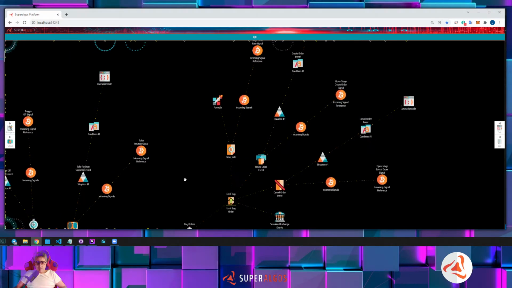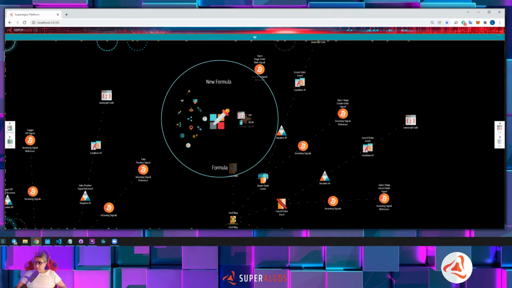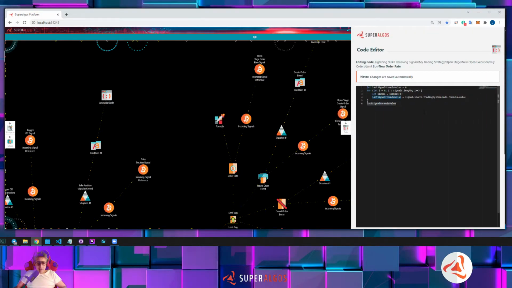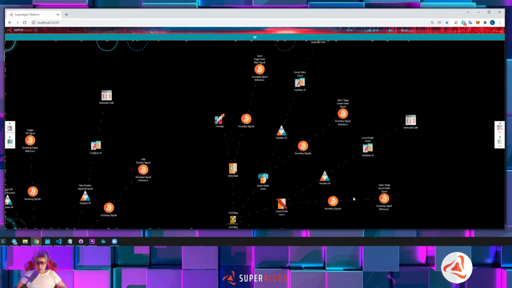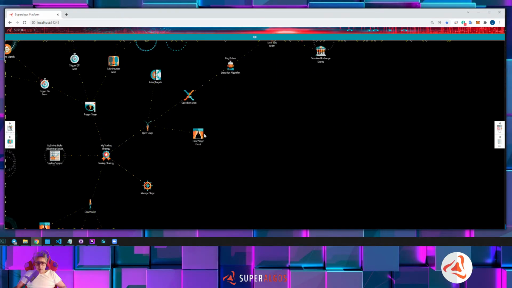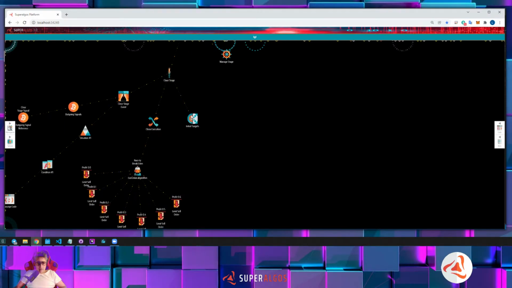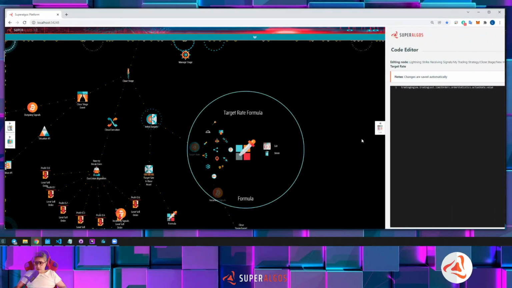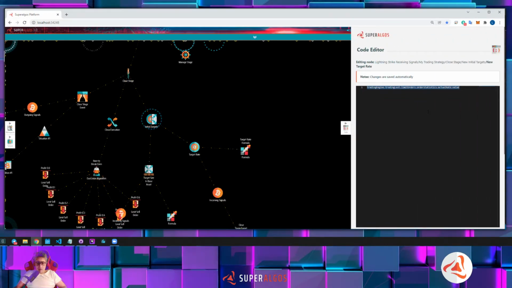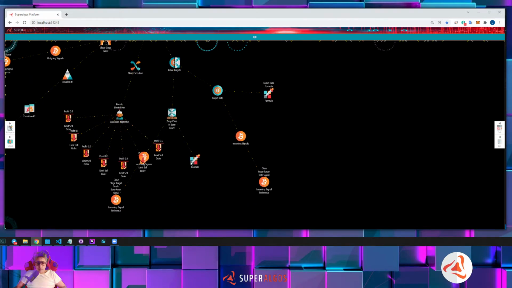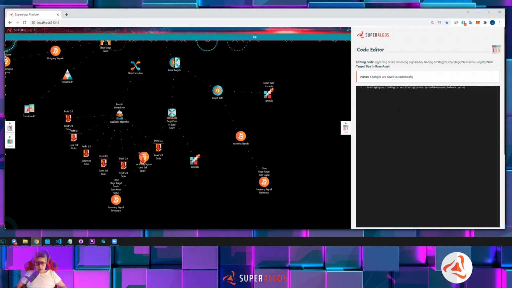But before that, it looks to me that everywhere I have a formula, I can use this code. So that's what I'm going to do. First with the close stage, this formula, I'm going to replace it by this. This formula, replace it by this.